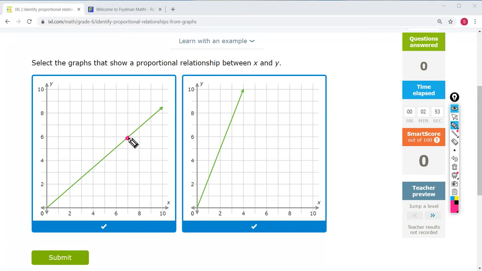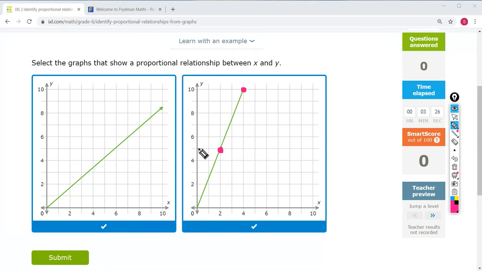Oh, here's one. Is there another point? It doesn't really. Okay, so it's not making it very easy for me to check with that one. So what about this one over here? Okay, so this one I can see that there are, in fact, 2 points that I can pick here. This point, and it looks like this point also right over here.